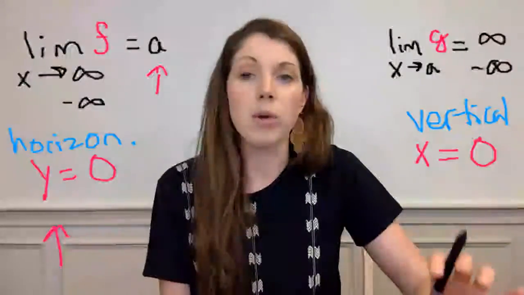So let's clear this here for a moment and recap. We discussed three important things. One is if I use a limit to approach infinity, positive or negative, and I get a numeric answer, I have found a horizontal asymptote. If, on the other hand, I am approaching a numeric value with a limit and I get an answer of infinity, positive or negative, then I found a vertical asymptote.